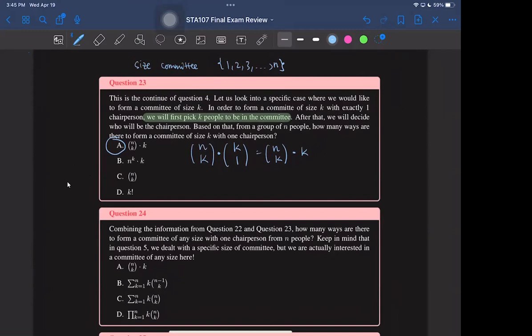You don't need to do any calculation, just combine the information you have from 22 and 23, and you should be able to answer 24.